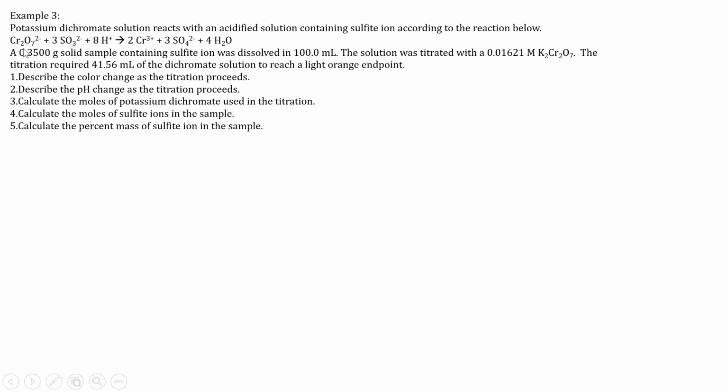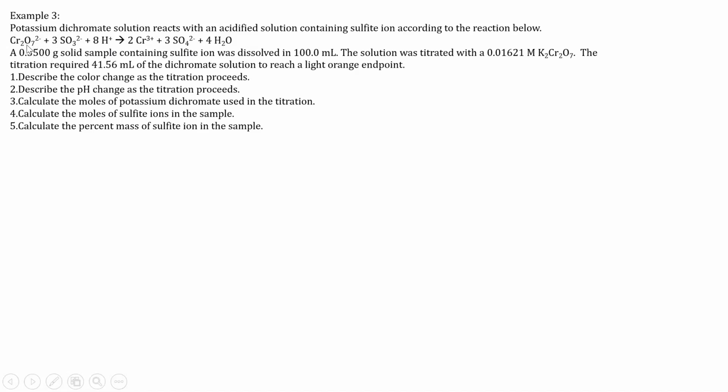We're going to look at the reaction and decide what exactly is happening. I'm adding dichromate from the burette. The analyte is sulfite ions. So as I add dichromate, it's being consumed, and these are the products. The products are colorless.